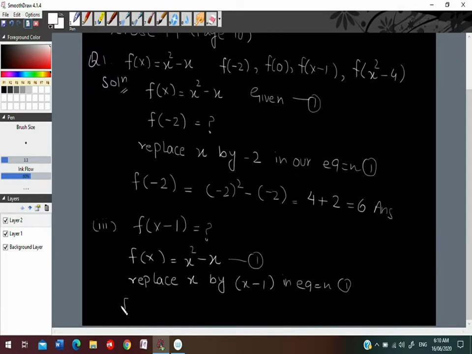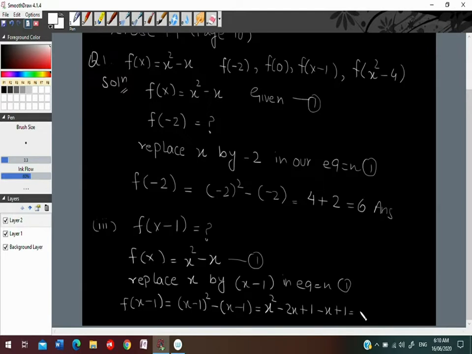So f of x minus 1 equals x minus 1 square minus x minus 1. So this equation becomes x square minus 2x plus 1 minus x plus 1.